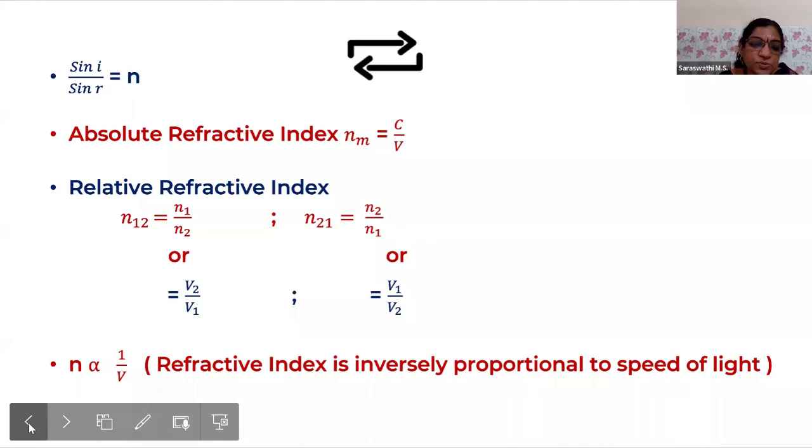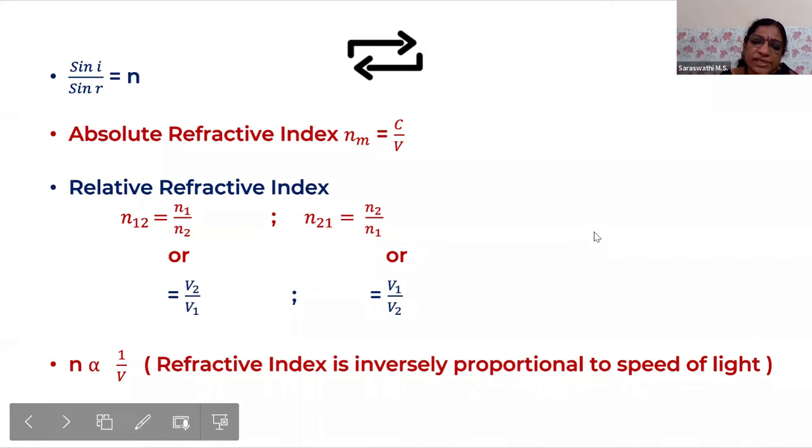That means, if the refractive index is a measure of the optical density, if the refractive index is more, speed of light in that medium will be less. If the refractive index is less, the speed of light in that medium will be more. Why does the refraction of light happen? What is the cause for refraction of light? Variation in the speed when they move from one optical medium to the other. Clear?